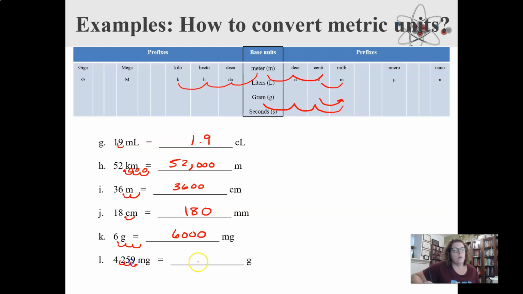Okay, let me just throw you one example right over here. We'll just call it example M. What if you had to go all the way to like mega or giga or micro or nano? Okay, so let's add 19 milligrams, and I want to go to micrograms. Remember, micro is this long-stem UG. So if I start right here with my 19 milligrams, I have to count these boxes.